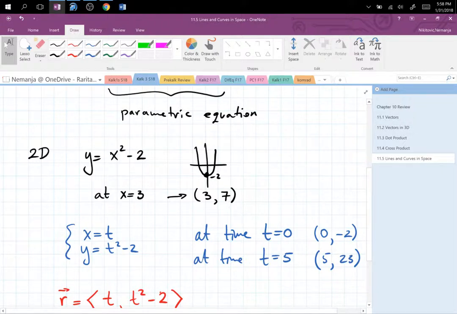Now you are gaining one more degree of freedom here, because as your time flows from negative numbers to positive numbers, or as time progresses forward, you actually have the orientation in which the line is drawn. So clearly over here there is no orientation of any kind, because you don't have a degree of freedom for that. In the case of y equals x squared minus 2, you have 2 dimensions, x and y, and both of those are taken to actually figure out the location, right?